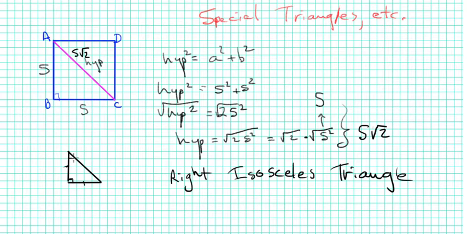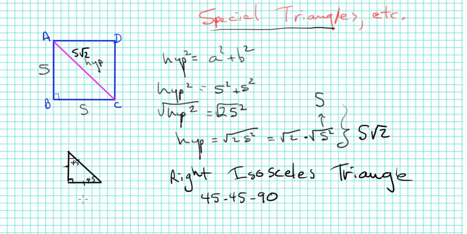Well, if it's an isosceles triangle, these two have to be 45 and 45, because they have to be the same, and since this is already 90, these two have to add up to 90. So they have to be 45 and 45. So another name for a right isosceles triangle is a 45, 45, 90. This is one of our special triangles, a 45, 45, 90 triangle.